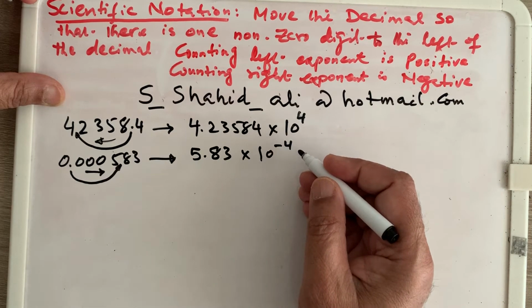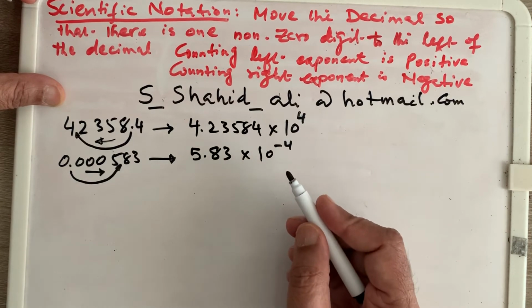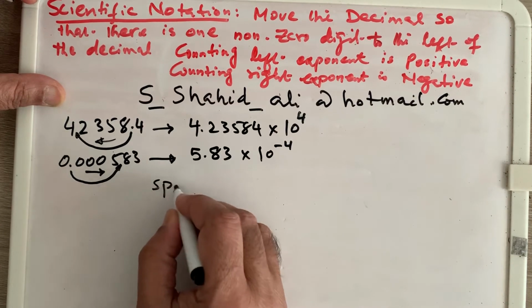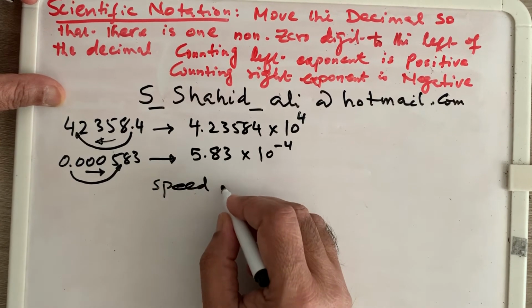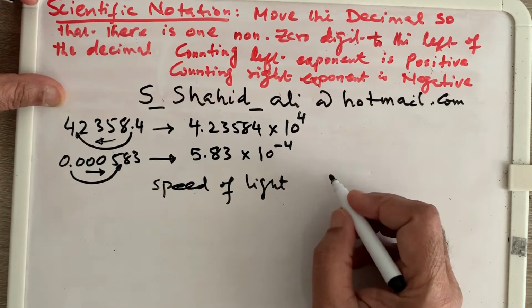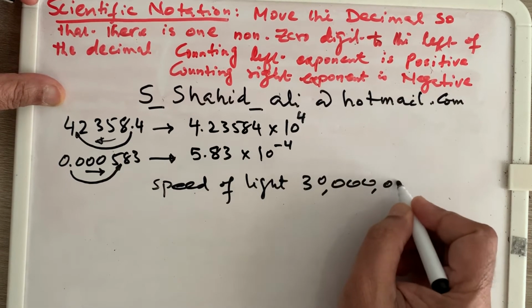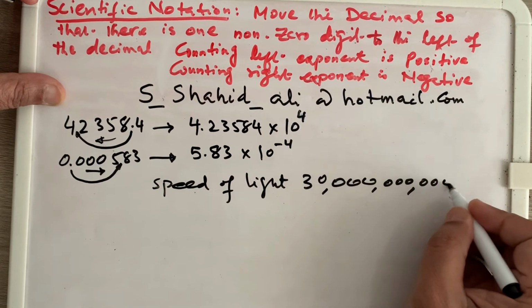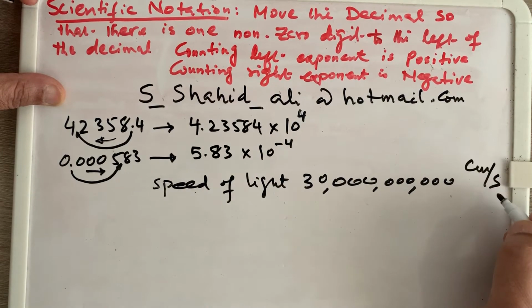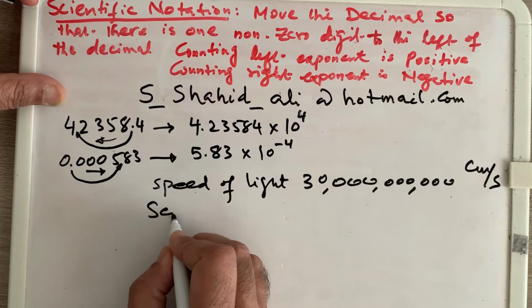So one of the interesting questions is why we call it scientific notation. Because in science we have lots of big numbers. For example, one of the questions asked was the speed of light, which is 30 billion centimeters per second. If we want to write it in scientific notation, how do we represent it?